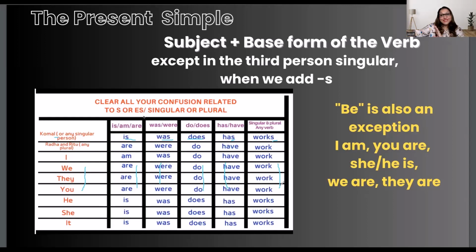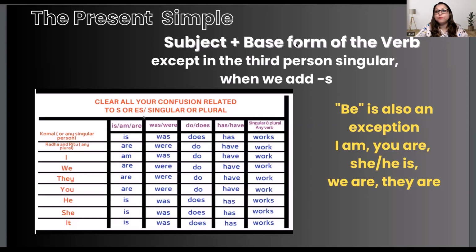Okay, so having said that, now you understand that if you have a singular subject, then we are using S or ES, and otherwise, for the plural, we are not using any. Look at the sentence structure.